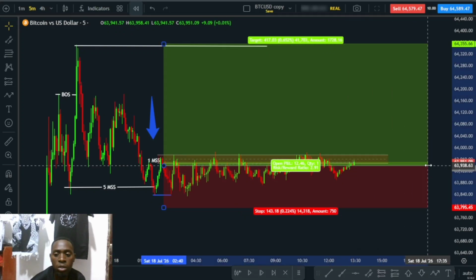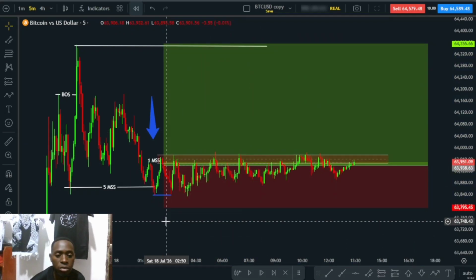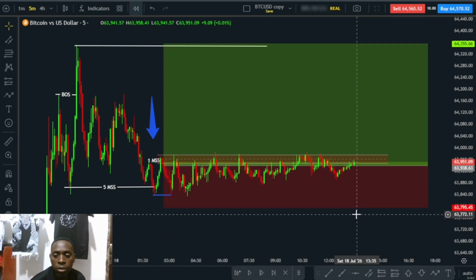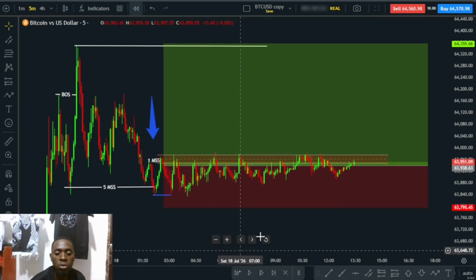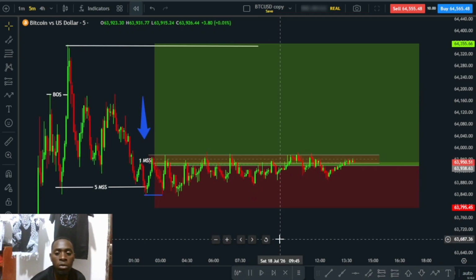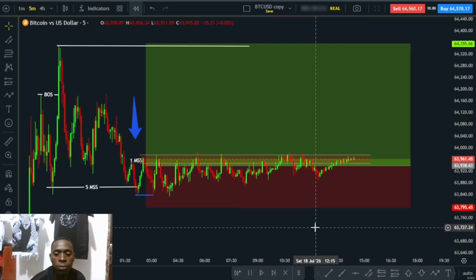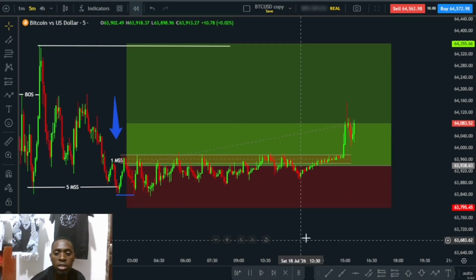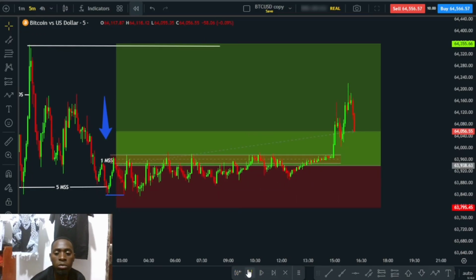This was very strong, and I stayed in the market from like, let's see, 2:50 to, oh man, up to 1:35. That was like 1 hour and a half or something. It was a long ride on this trade, and boom, the market decided to break through right there.